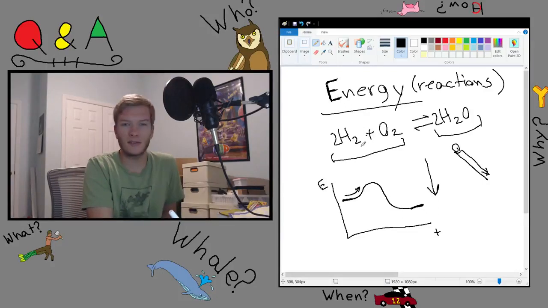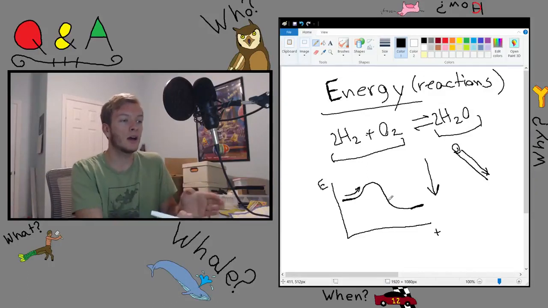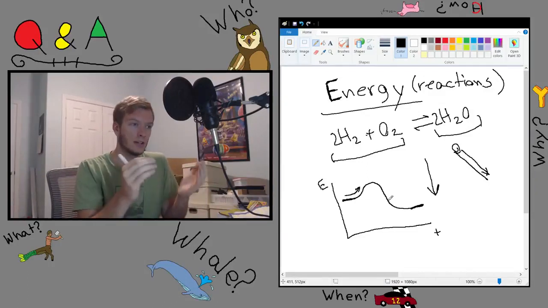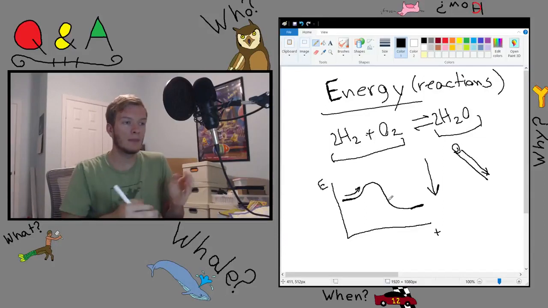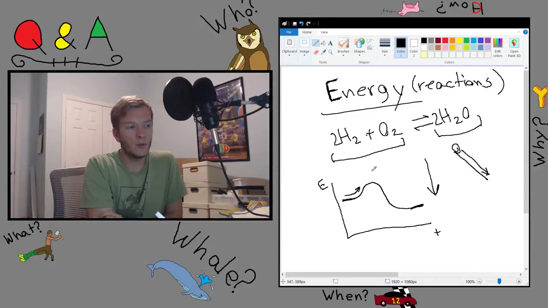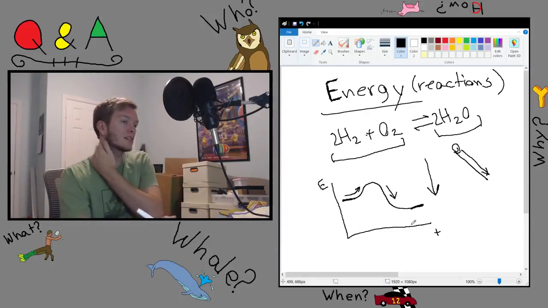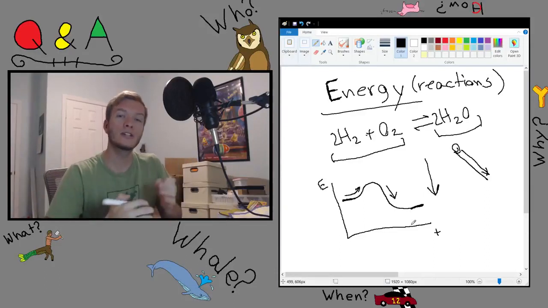In the case of the hydrogen, that's not too bad because the hydrogen's already together. But we really need to break these atoms up individually so that we can make the new molecule. And so that's going to take some initial energy. But once that energy is put in, we can start going back down this gradient.